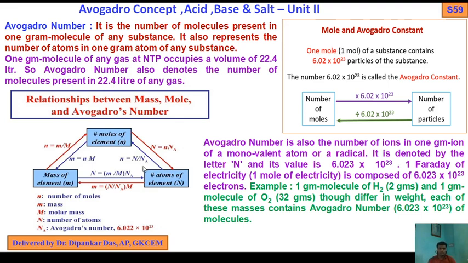So this is the simplest rule for the conversion. Moles of element to atoms of element, N equals n into N_A.